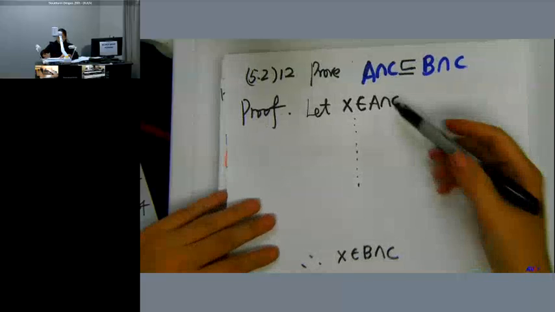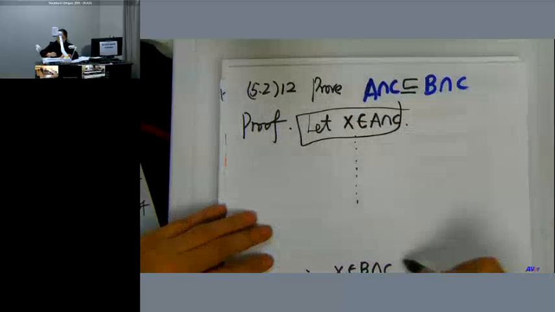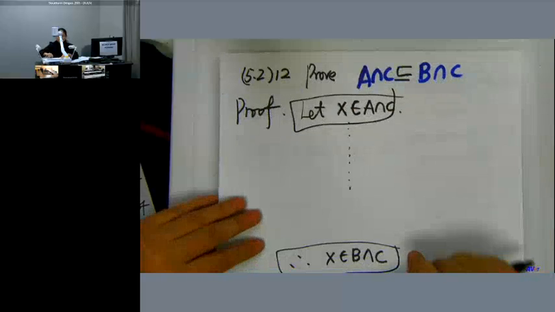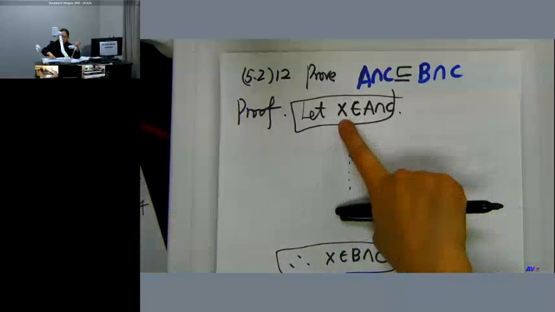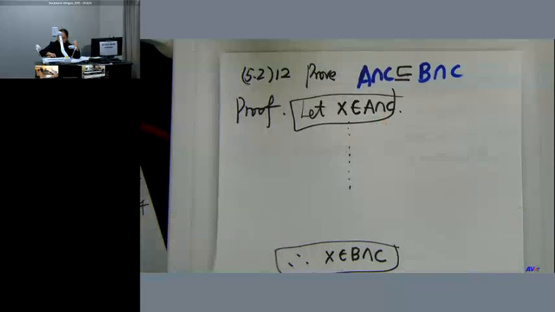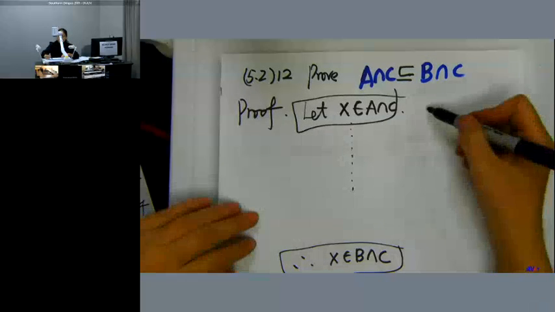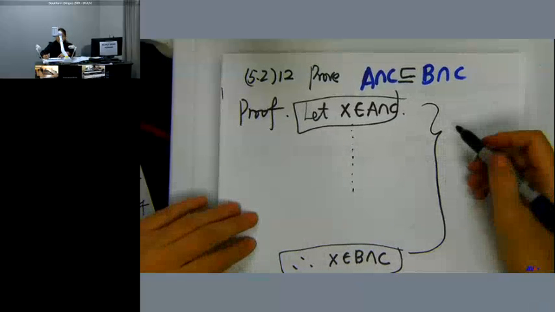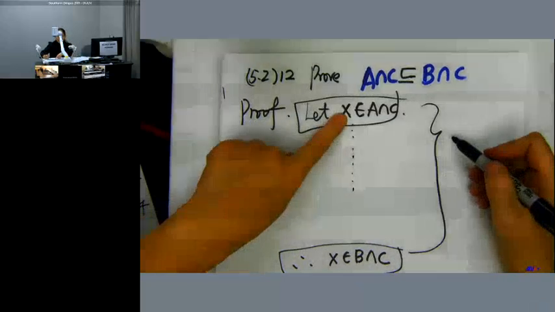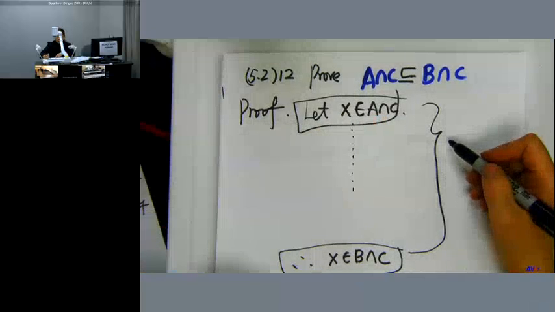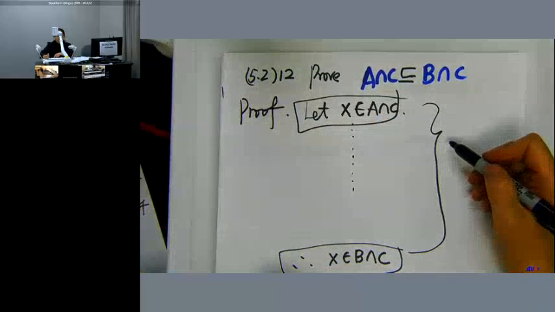If you look at these two, combining these two sentences, what does this tell you? I picked the element X from A and C. I proved this element X is in B and C. What does this mean? Every element in A and C is also an element of B and C, right? You see that?